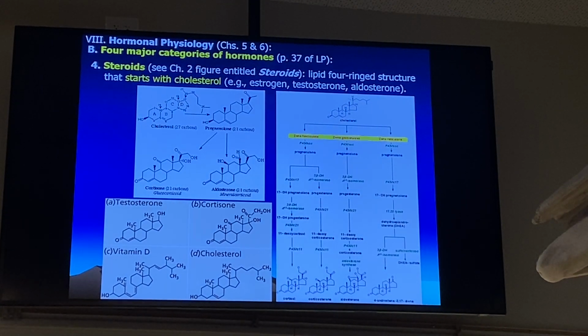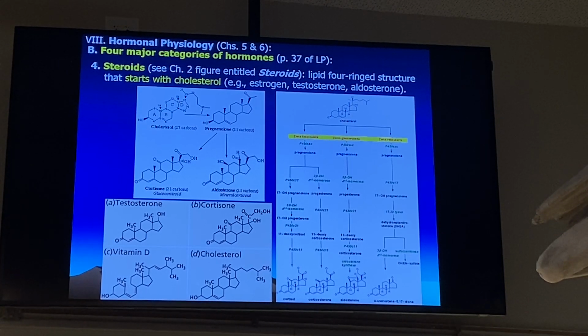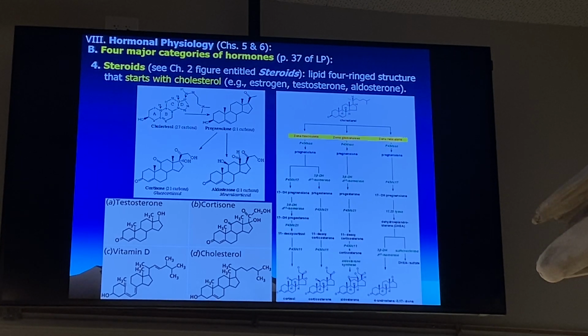So the first 3 all have to do with amino acids. Just how many? 1 to 2, amine. You get 6 to 100, peptide, more than 100, protein. A steroid is a fatty acid that has been bent and then cross bonds formed so that it forms a classic 6-6-6-5 ring structure.